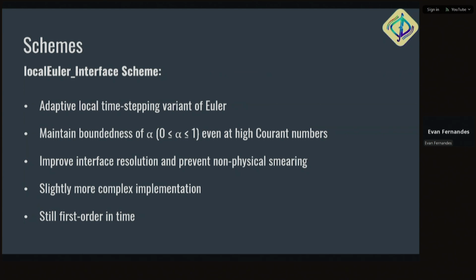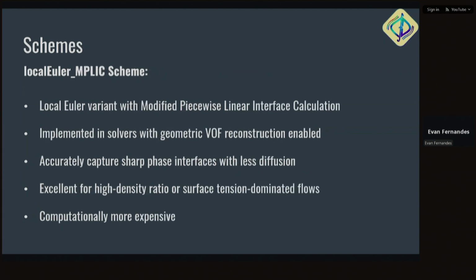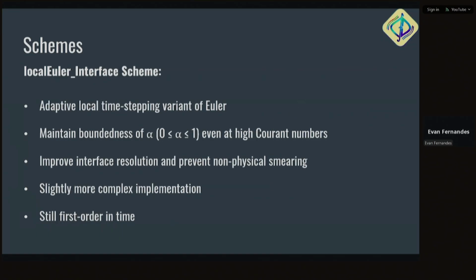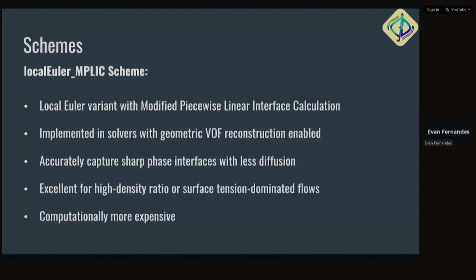That brings us to the fourth scheme, that is your local Euler MPLIC scheme. MPLIC stands for Modified Piecewise Linear Interface Calculation. In simple terms, it is similar to local Euler interface, with the difference being that over here it uses a geometric VOF algorithm. What I mean by that is your reconstruction part.